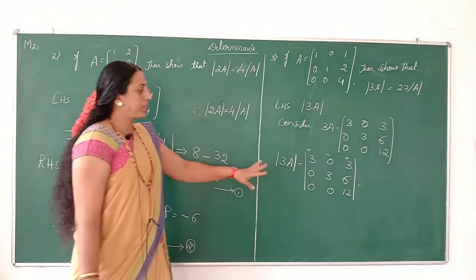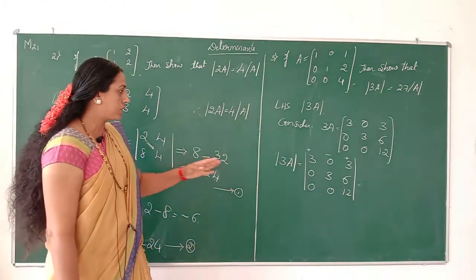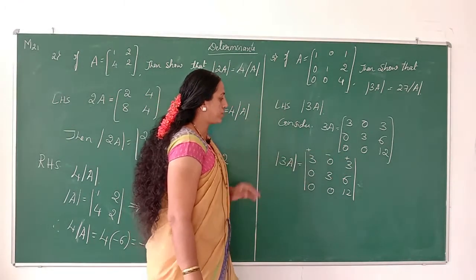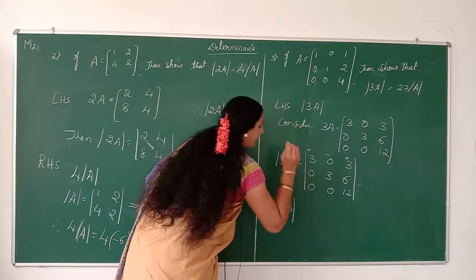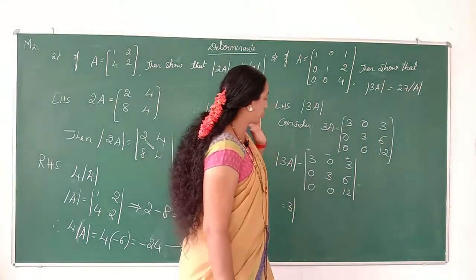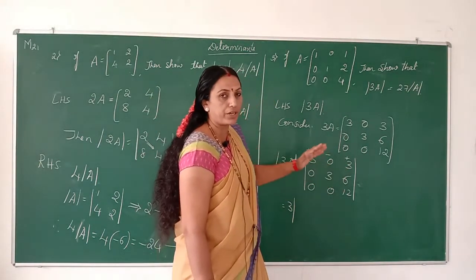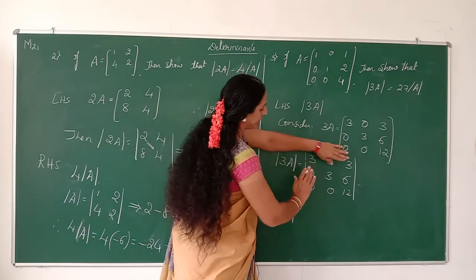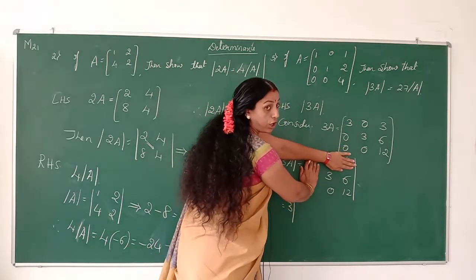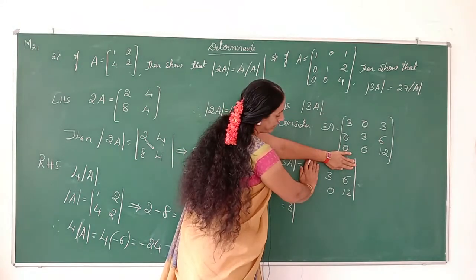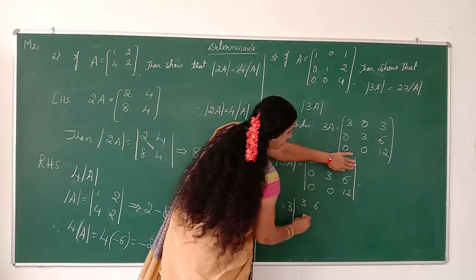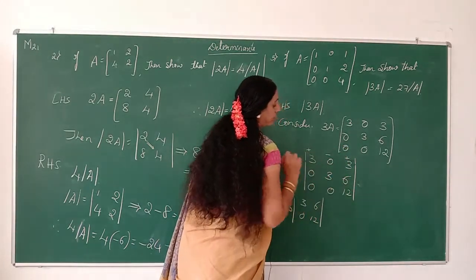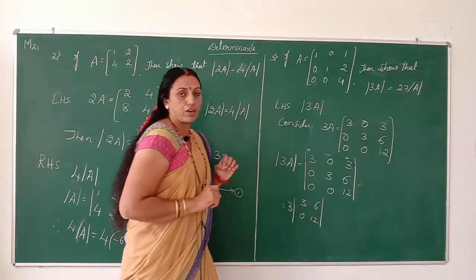It can be expanded along any row or any column, but as in the previous classes, we always expand along the first row, and we continue the same here. A 3 cross 3 determinant can be reduced to 2 cross 2 determinants. The first element is 3. We neglect the elements of its row and column, so the remaining elements are 3, 6, 0, 12, which form a 2 cross 2 determinant.